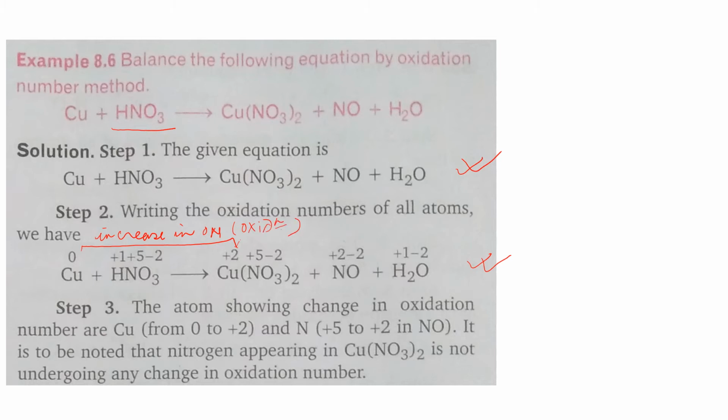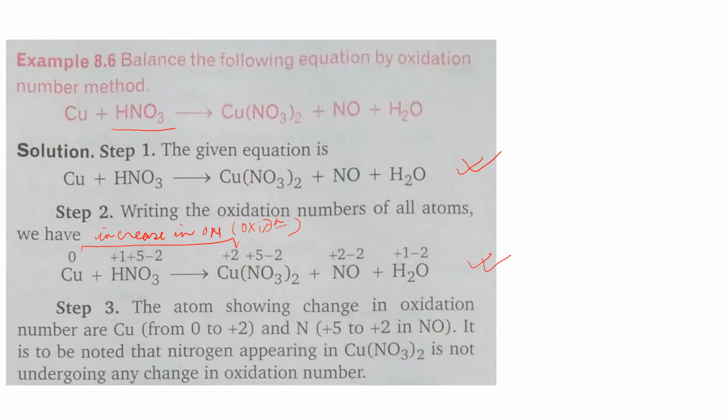Now you can see here hydrogen and oxygen we will not take, but nitrogen is plus 5 to plus 5 here, and nitrogen again here plus 5 to plus 2. So we will take this one.